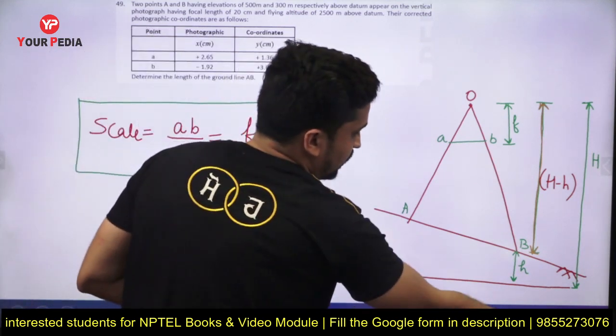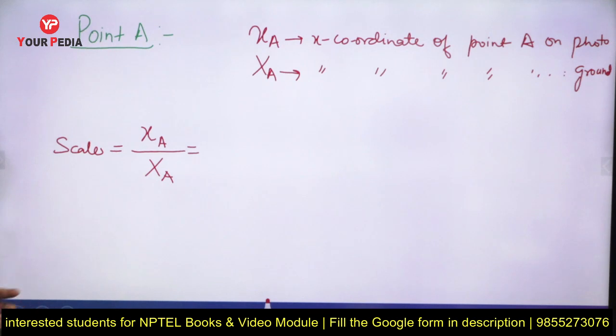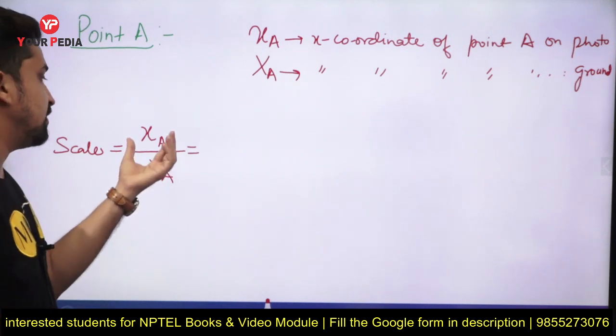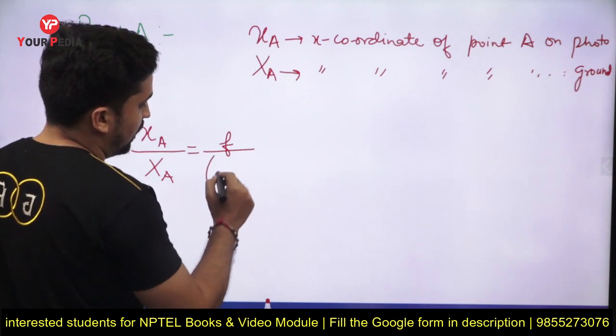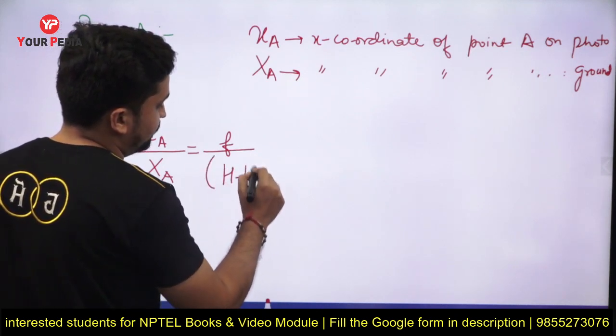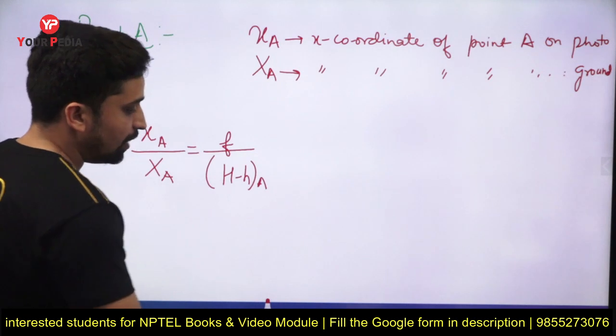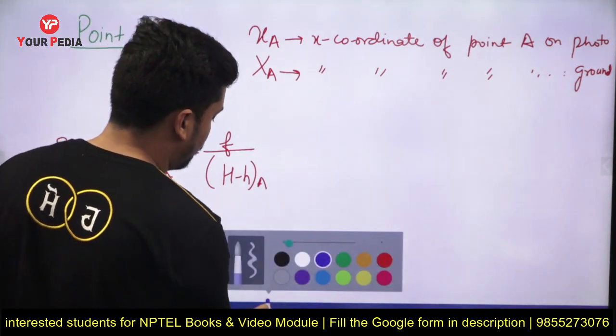Now we have all the values and the x and y coordinates as well. So xA upon capital XA is equal to focal length of the lens upon H minus h for point A, and now we can easily substitute the values.